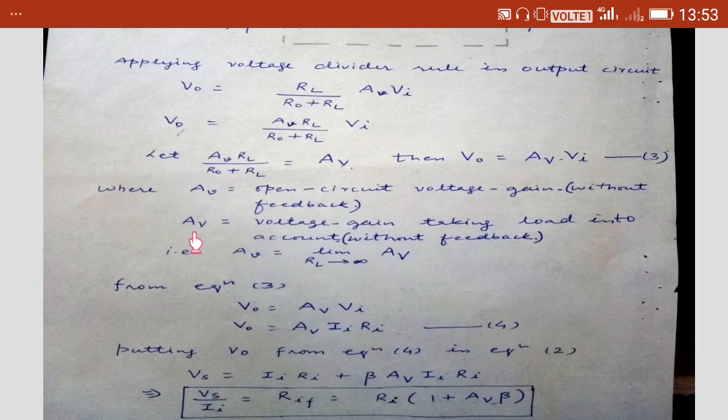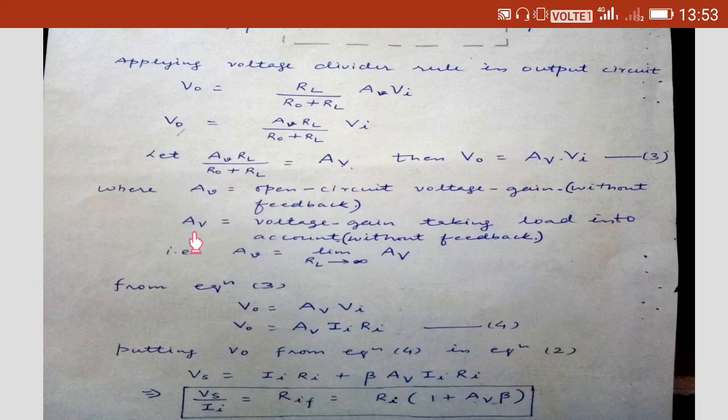Now from this we can easily find the ratio of Vs and Ii, which is our Rif, the input resistance with feedback. Input resistance with feedback comes equal to Ri into 1 plus capital Av beta.